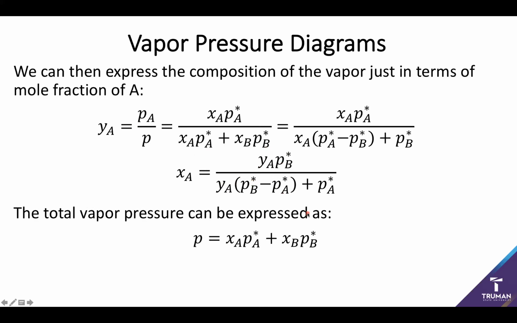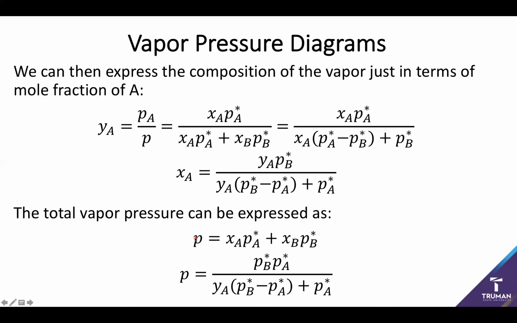Again, we can use this information to give us an expression for the total vapor pressure, starting from the simple idea that the vapor pressure of A can be given, according to Raoult's law, and the same thing with B. We can then substitute in our expressions for XA and XB, both solely in terms of the mole fraction of A. There's a bit of long algebra to this, but it's not too bad, just a little tedious.